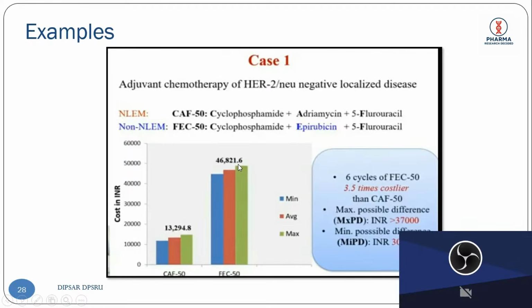Are you getting my point? So this is 3.5 times costlier. And the difference between these two is that they have the same mechanism, same class of medicines. But if the medicine is prescribed from these, see how much financial burden it will add for the patients.